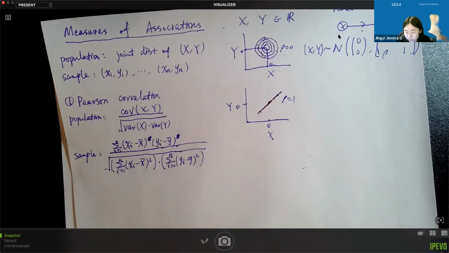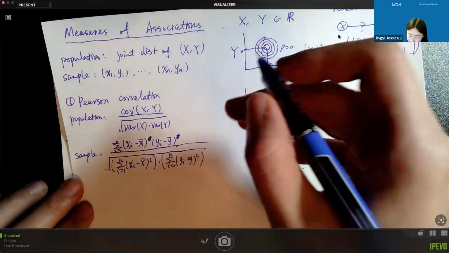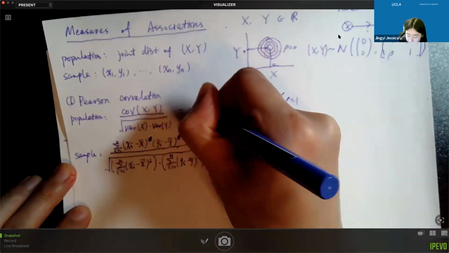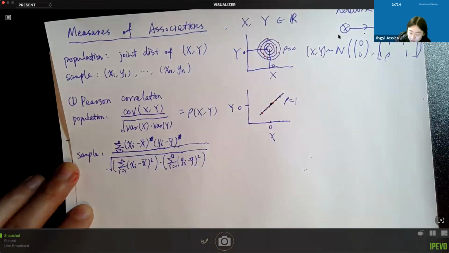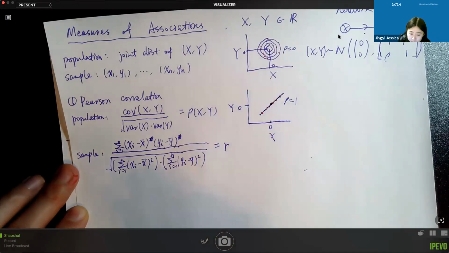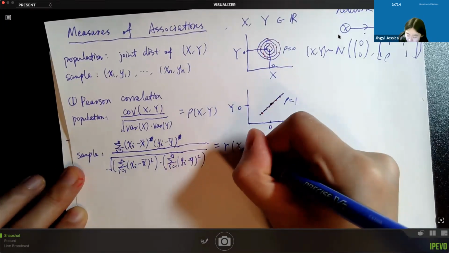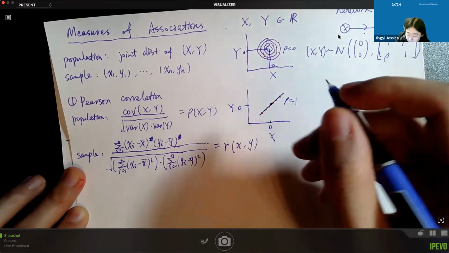And one thing that's worth mentioning is that for the sample Pearson correlation, if I denote this as rho x,y, okay, that's the population. For the sample one, I denote it as r, lowercase x, lowercase y to mean the sample.